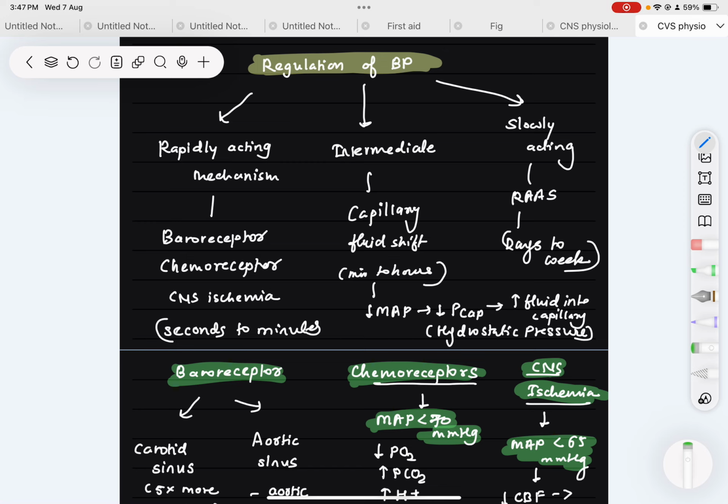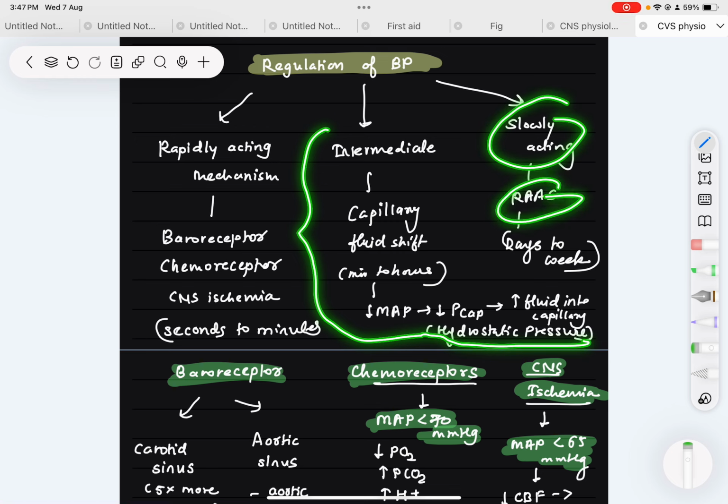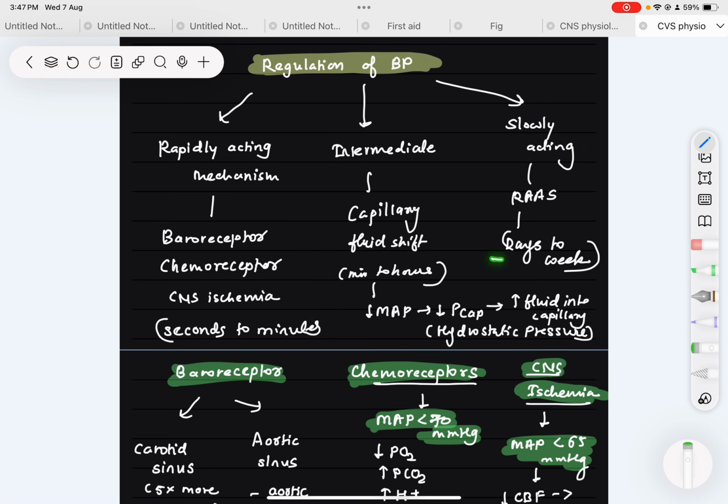In shock, about 300 ml of blood can shift like this. This is intermediate acting, meaning somewhat time consuming. Minutes to hours will be taken for this system to work. Now the slowly acting is RAS, we will see it in detail, and it takes days to weeks.